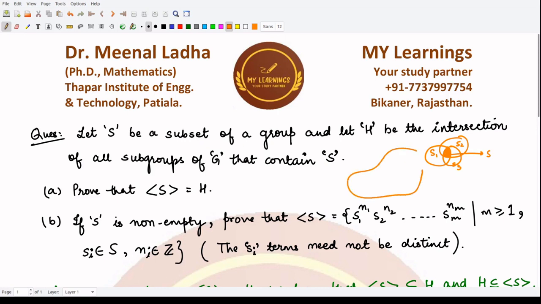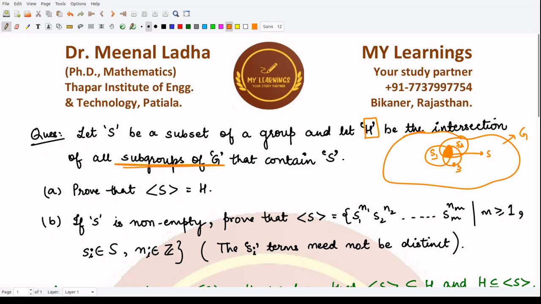So within a group, let's define this to be our group G. Within this group we have some subset S, and here we have other subgroups which contain S. Let's call them S1, S2, S3 and so on. And H is the intersection of all subgroups of G that contain S, right?